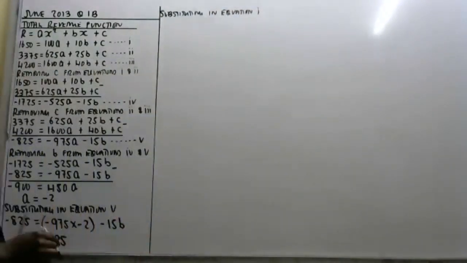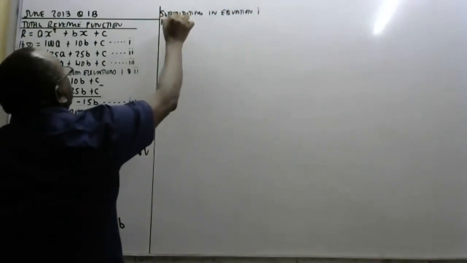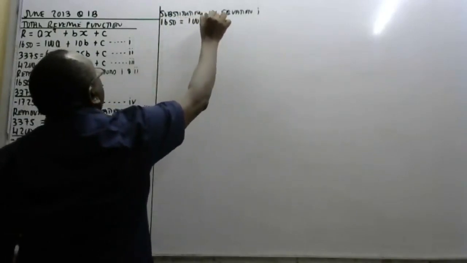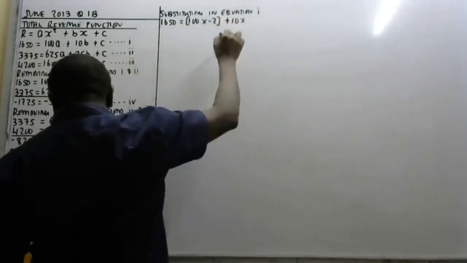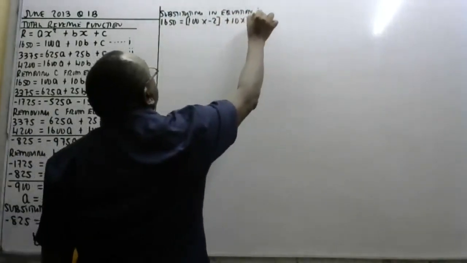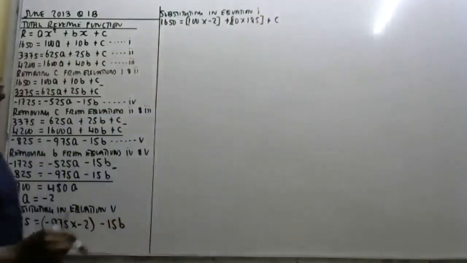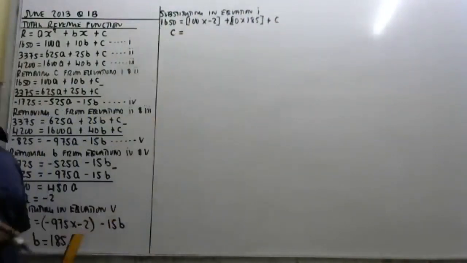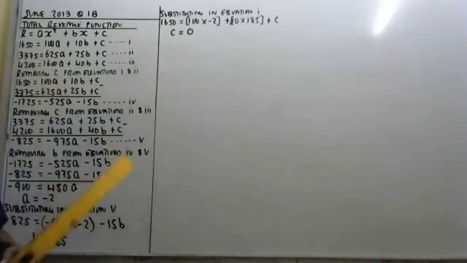Substituting in equation 1, we will have 1650 is equal to 100 times A, which is minus 2, plus 10B, 10 times 185, then you say plus C. So again, solve and tell me C is what? Zero. Good.